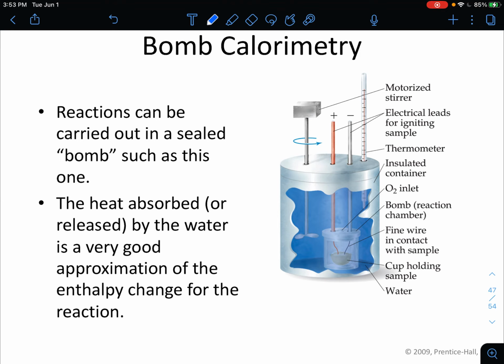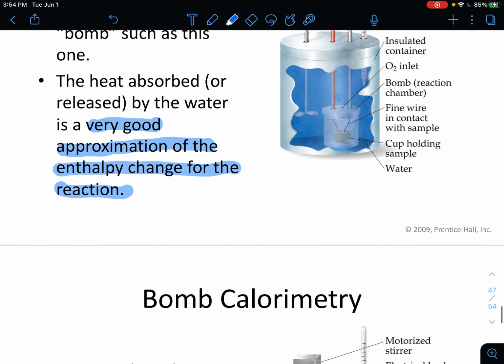Technically, though, in this bomb calorimeter, it's a sealed vessel. That means that there is some pressure buildup, so it's not officially heat flow at constant pressure, but as long as a ton of pressure doesn't build up, then we can say whatever values we measure in the bomb calorimeter, they're pretty close to the expected enthalpy change.